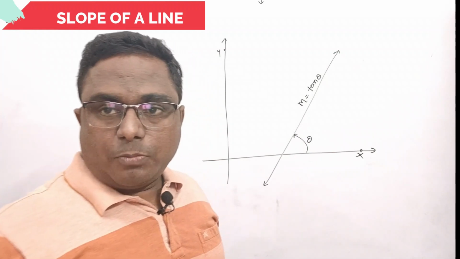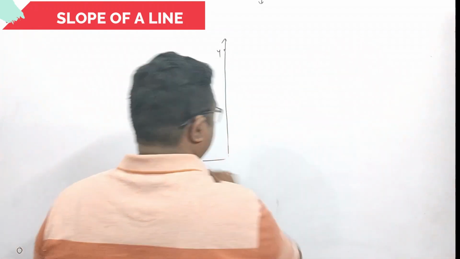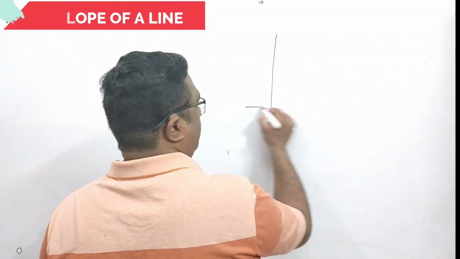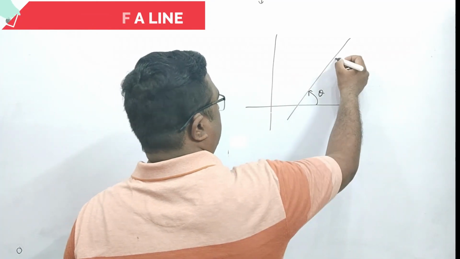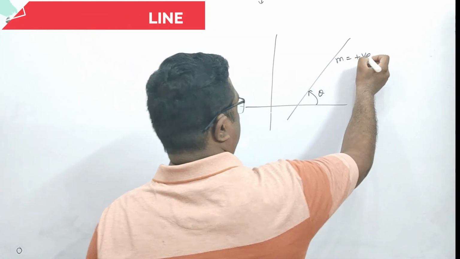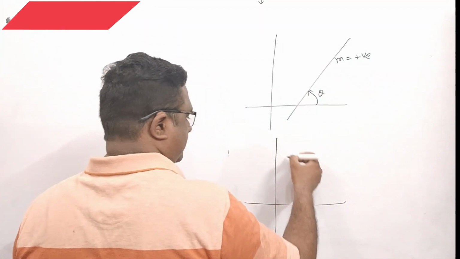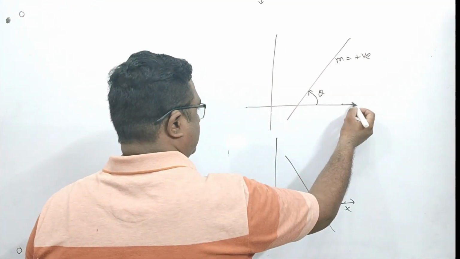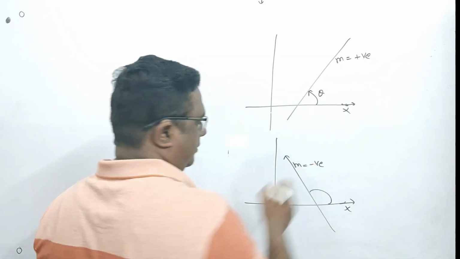We must remember some points regarding the slope. These points are: suppose a line makes acute angle from positive direction of x-axis, then its slope will be positive. On the other hand, if a line makes obtuse angle from the positive direction of x-axis, then its slope will be negative.